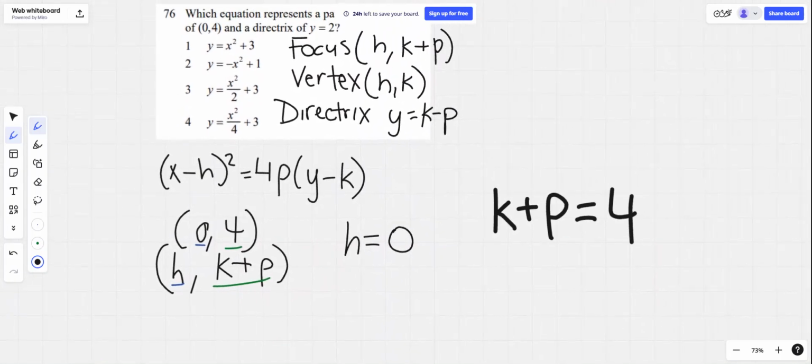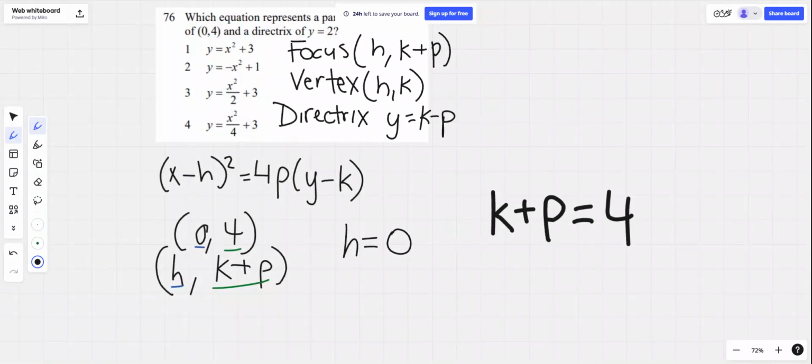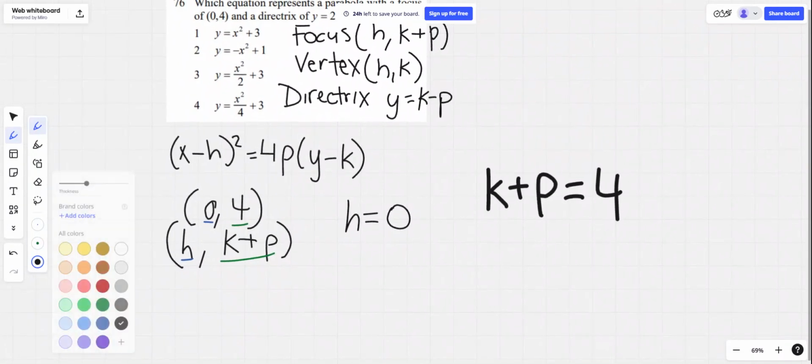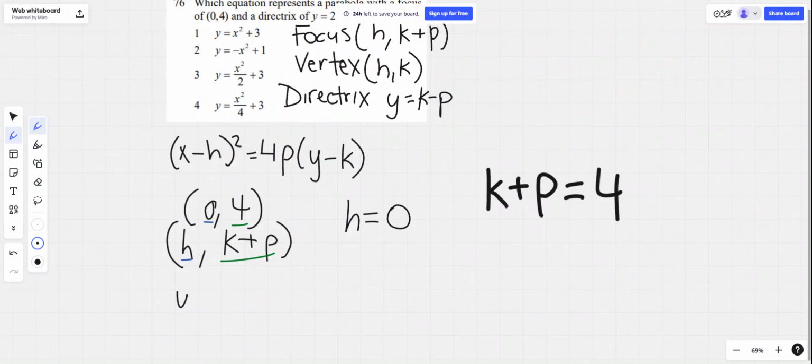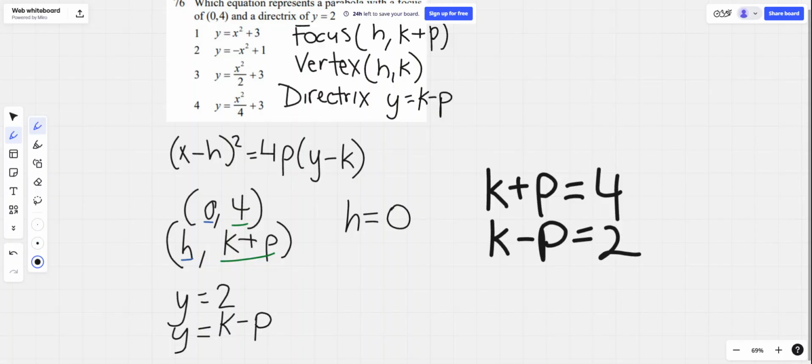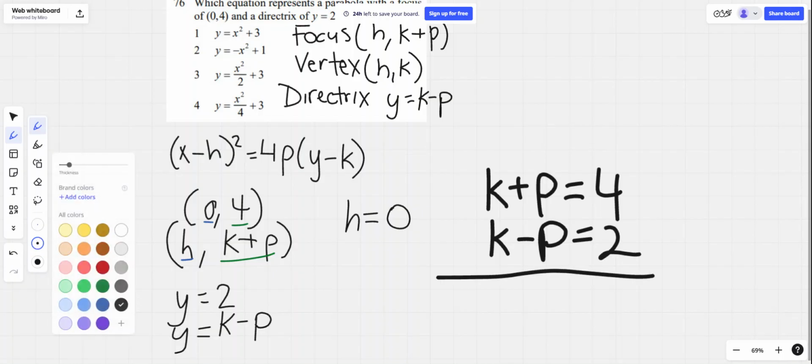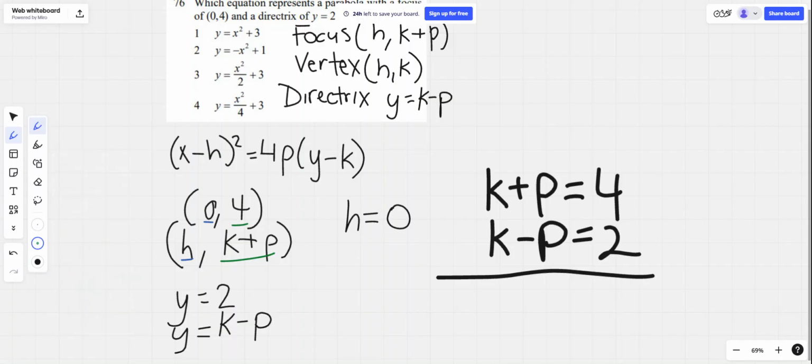We also know the directrix is y equals 2, and the formula is y equals k minus p. That means k minus p equals 2. So this is our mini system of equations. What we can do here is cancel out positive p and negative p.